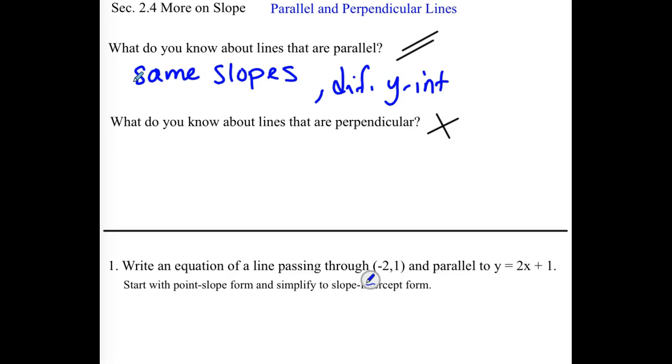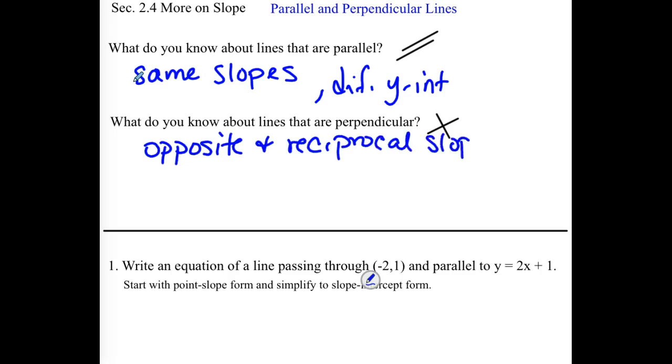Opposite and reciprocal slopes. What does that mean? Opposite means we change the sign. One's positive, one's negative. Reciprocal means we change the fraction, right? We flip it over.